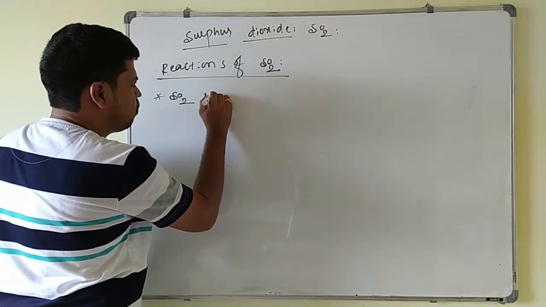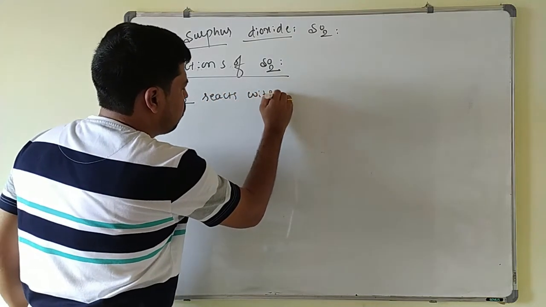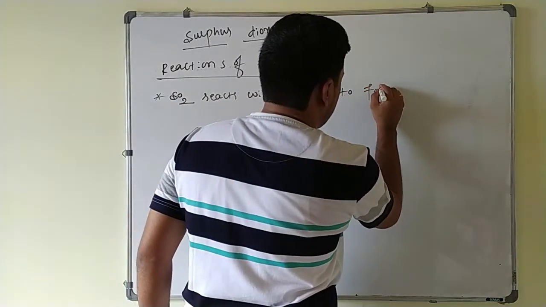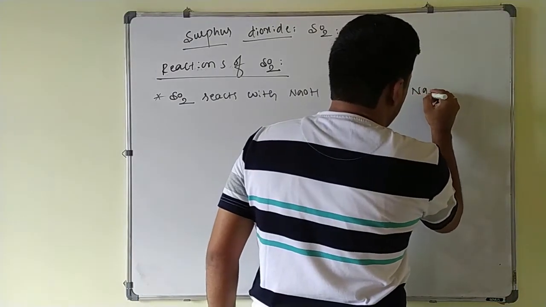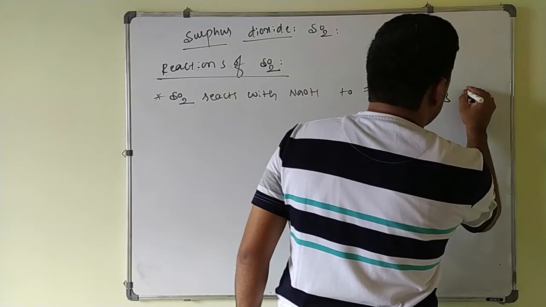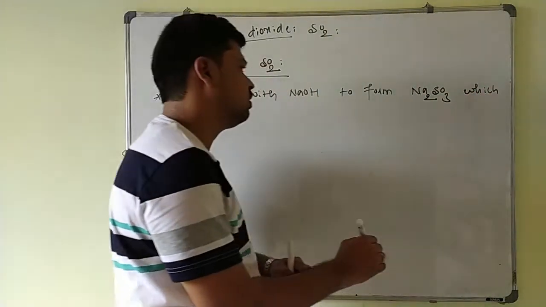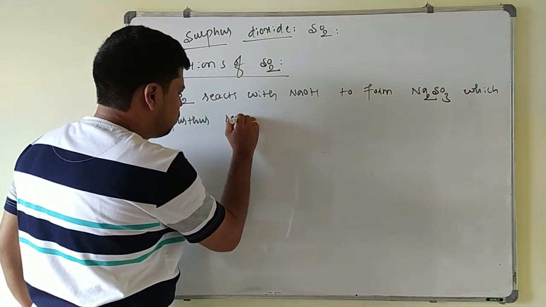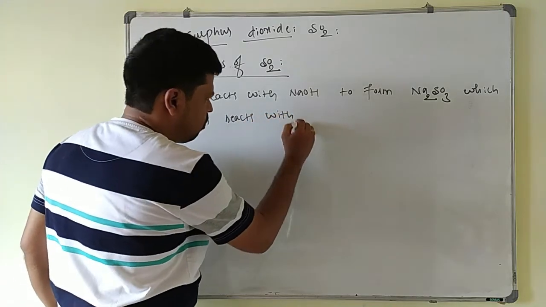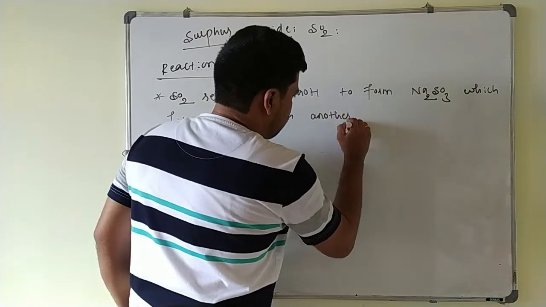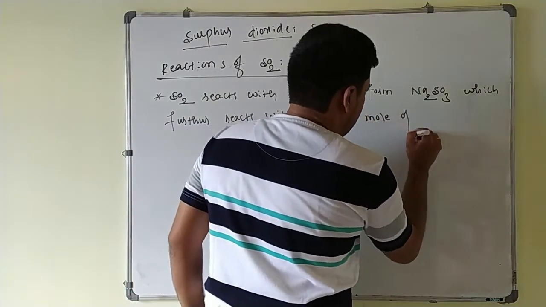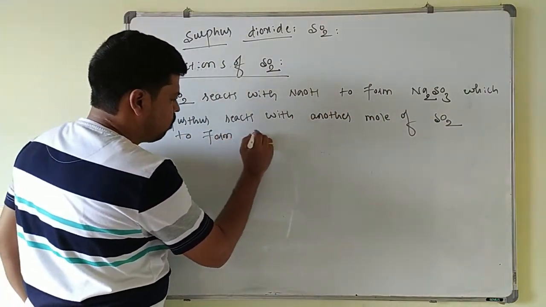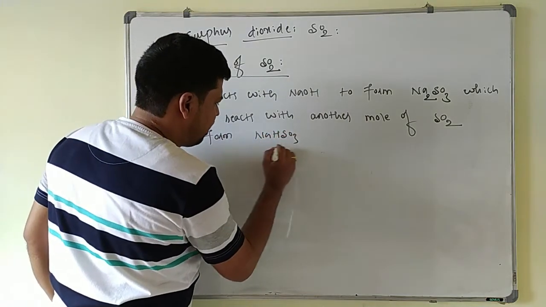SO2 reacts with NaOH to form sodium sulfite, which further reacts with another mole of SO2 to form sodium hydrogen sulfite, NaHSO3 here.